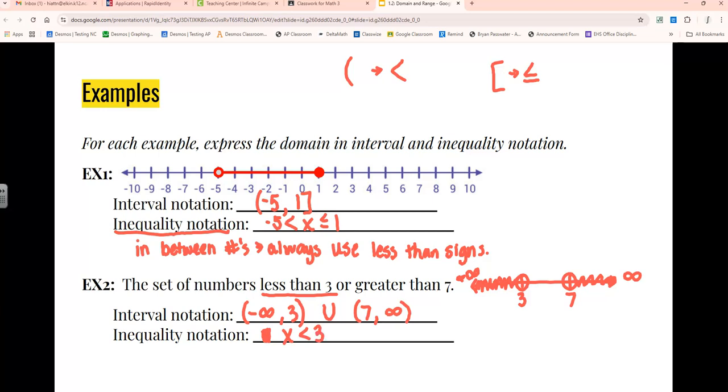Right? That covers the first part of this. And then you can say or you can use that union symbol still. Either one works. And then we have x is greater than 7. So in this case, you might use a greater than sign. But if you're talking about in between numbers, less than.